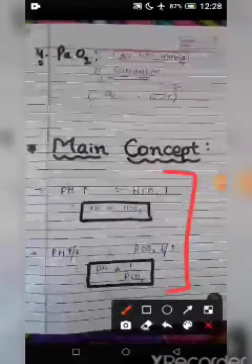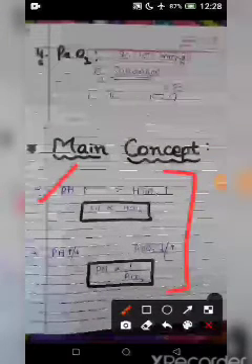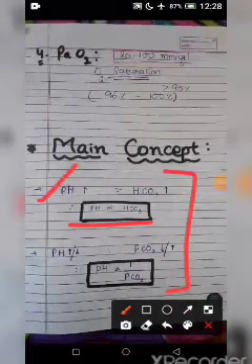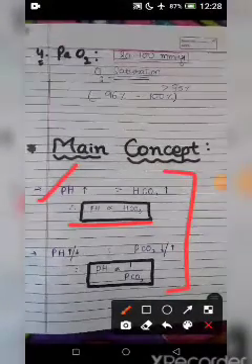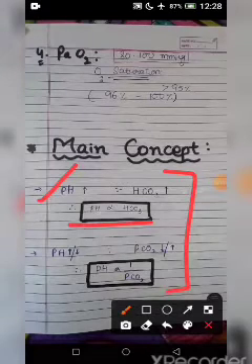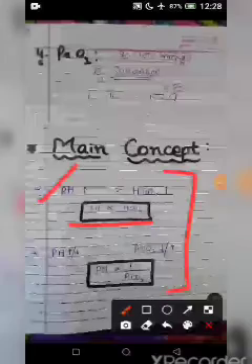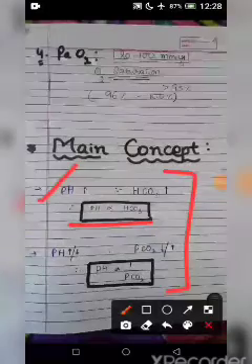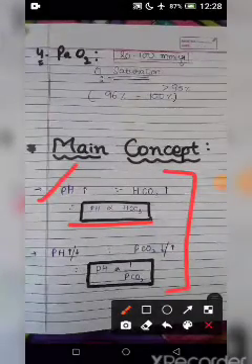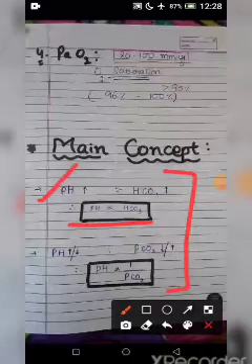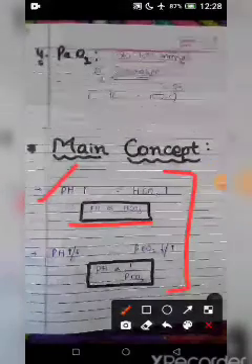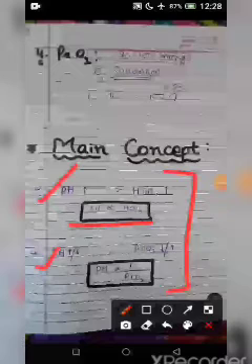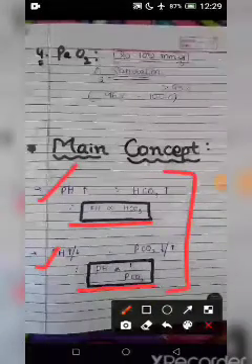mathematically, pH is directly proportional to bicarbonate. Directly proportional in the sense that when pH rises, HCO3 levels also rise, and when HCO3 levels rise, pH rises, meaning they move simultaneously, both together. Next, pH is inversely proportional to the partial carbon dioxide.